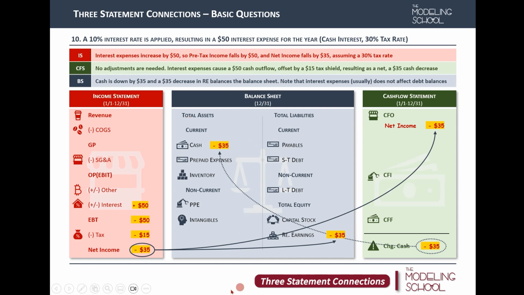So we can see here that an interest expense results in a tax shield. This is a tax shield effect, and it clearly lowers our cost of debt. If the interest rate in this case is 10%, from the net income's perspective, it's kind of like a 7% interest rate.